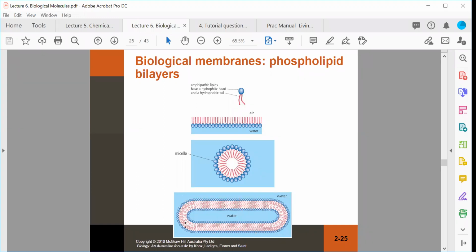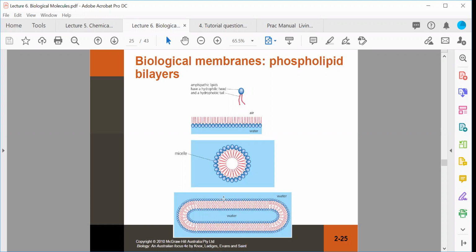And we can see those 2 layers, once again, associating with each other to form a self-enclosed sphere, a vesicle. So they're enclosing the contents of the cell. And these 2 layers here are referred to as a lipid bilayer.